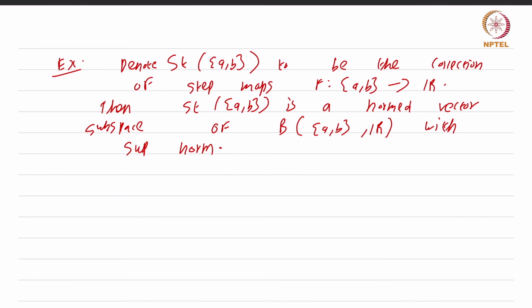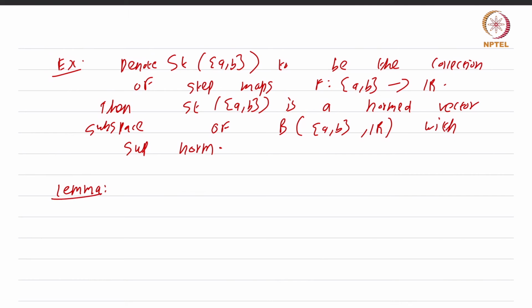All you have to show is that the sum of two step functions is a step function, a scalar times a step function is a step function, and the fact that any step mapping is bounded and all that. So this is a rather trivial exercise. So the collection of step mappings is in fact a normed vector subspace of the set of all bounded mappings given the sup norm. Okay, now another lemma which is almost immediate once you prove this exercise.